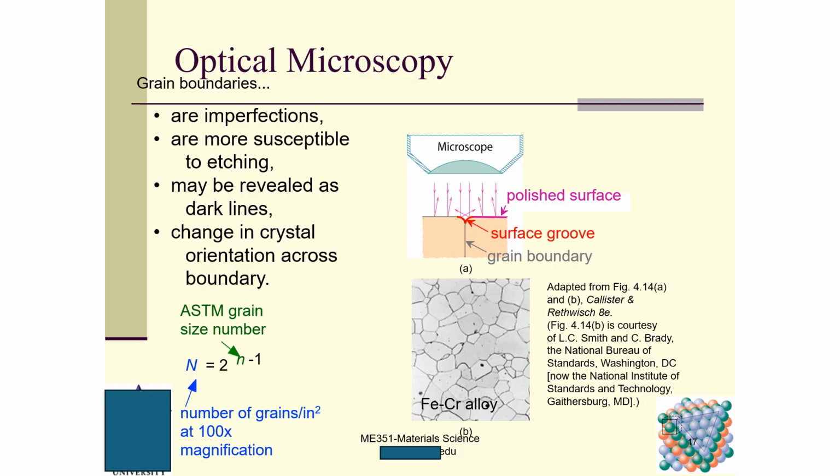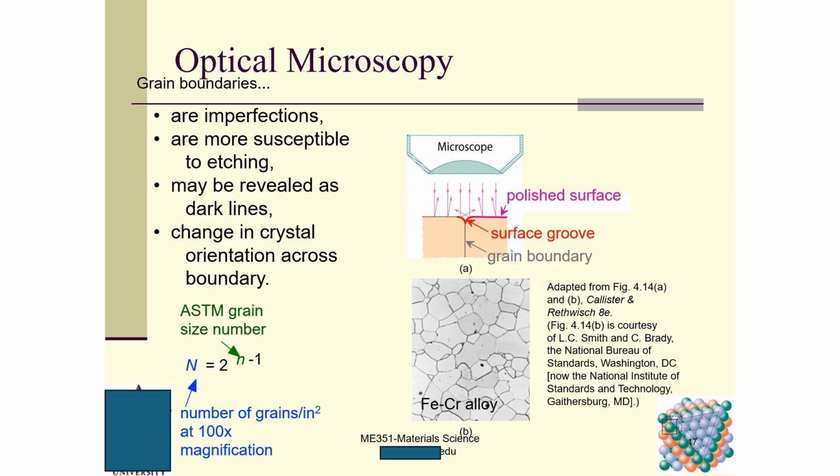Grain boundaries are imperfections, more susceptible to etching, and may be viewed as a darker line, with changing crystal orientation across the boundary. Here is the polished surface with the grain boundaries, and all these are grains.